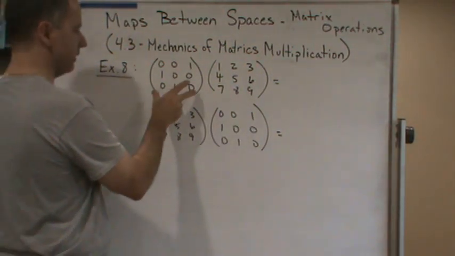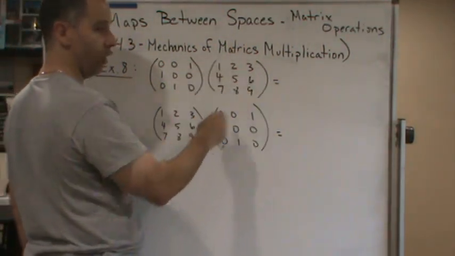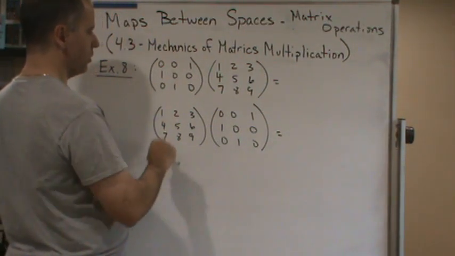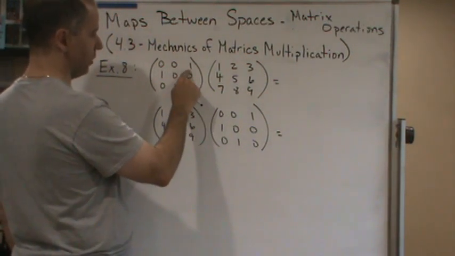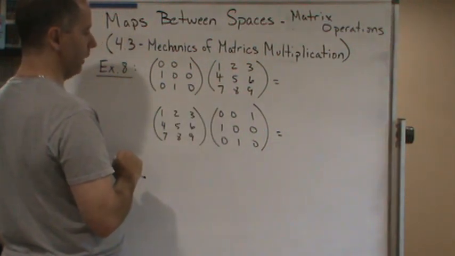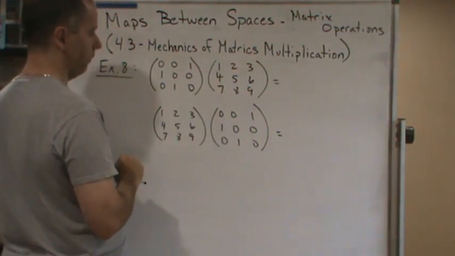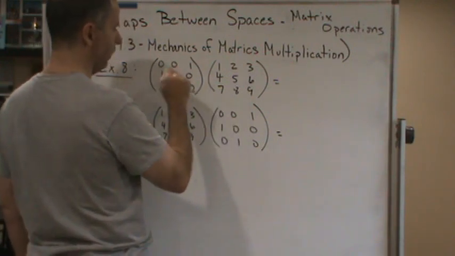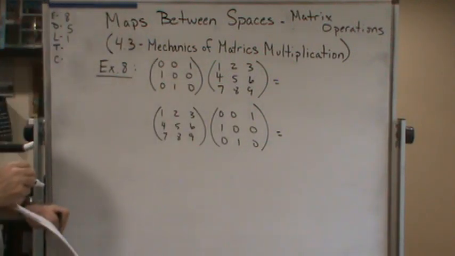Now, since it's on the left, we're dealing with copying rows, right? So this one copies the third row, and where is it going to put it? It's going to put it in the first row of the product.